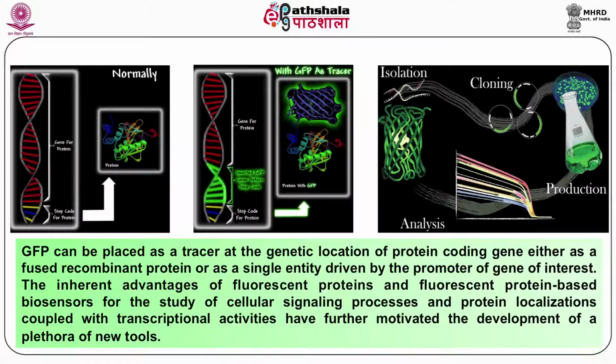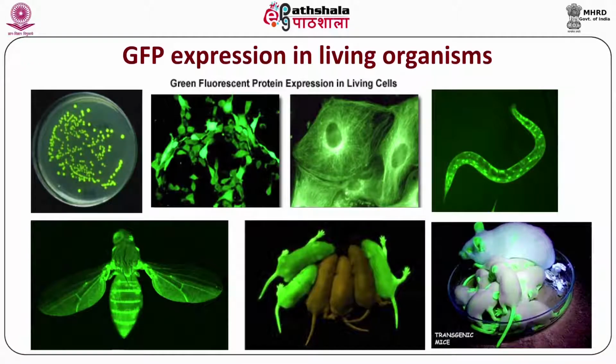The inherent advantage of fluorescent proteins and fluorescent protein based biosensors for the study of cellular signaling processes and protein localization coupled with transcriptional activity have further motivated the development of a plethora of new tools based on green fluorescent protein.